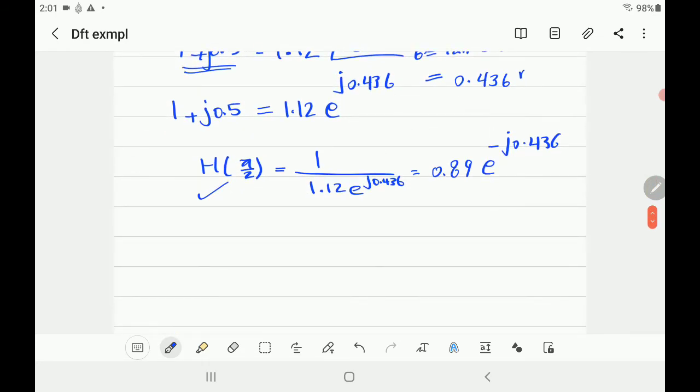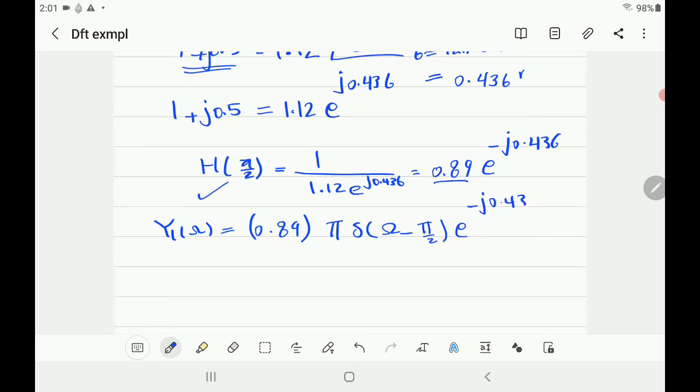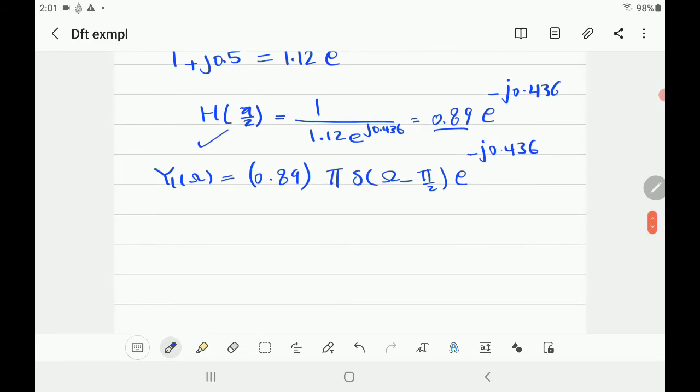Okay, so you have now y1 equal to this number 0.89 times pi delta omega minus pi over 2 e to the minus j 0.436. y2 will be similar, except only it's different in the sign.